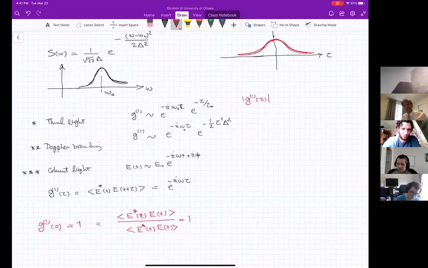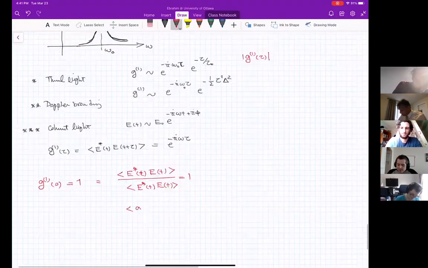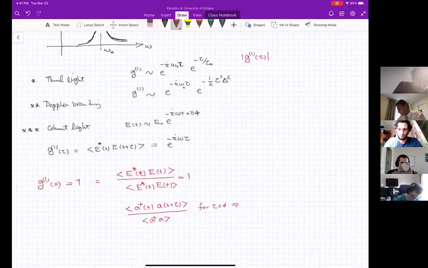You can even see it in the quantum language: a dagger at t, a at t plus τ, divided by the average photon number, which again is 1 if τ is equal to 0.